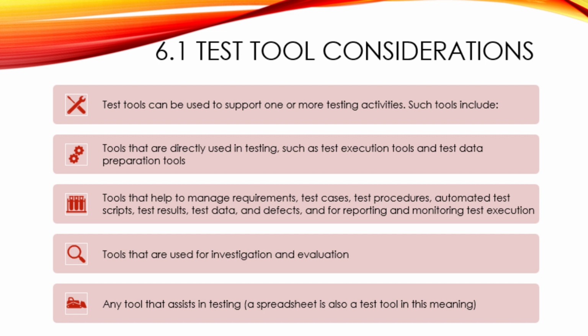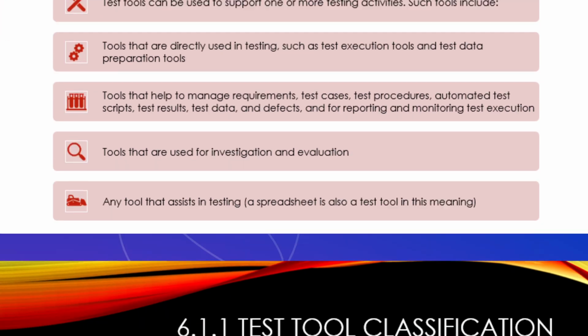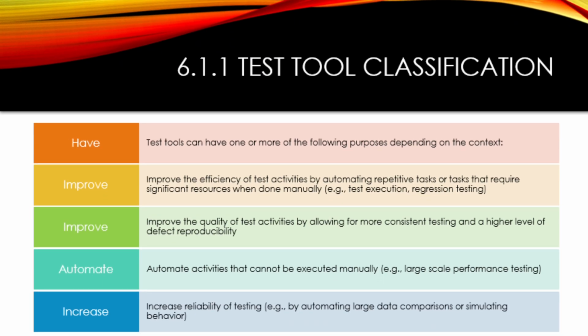Tools are also used for investigation and evaluation. Any tool that assists in testing can be a spreadsheet, or any tool that is helping and saving our time and effort. A test tool can have one or more of the following purposes, depending on the context.